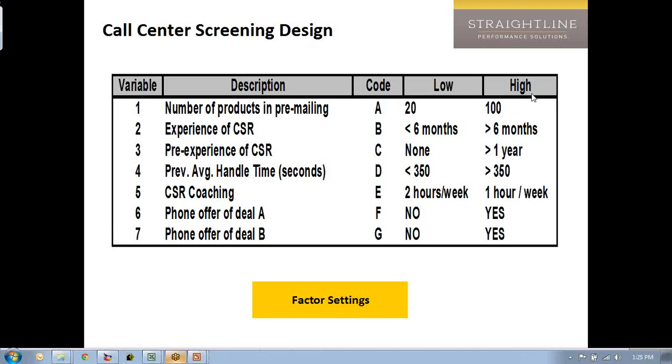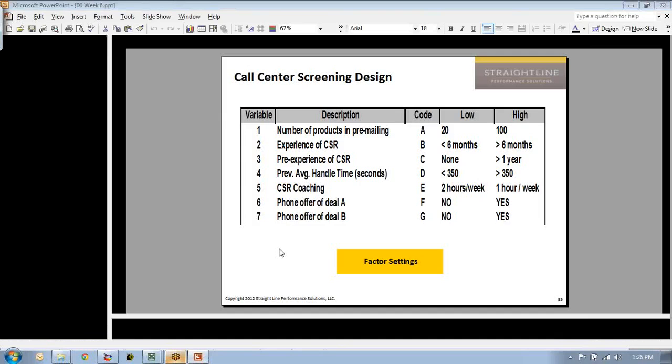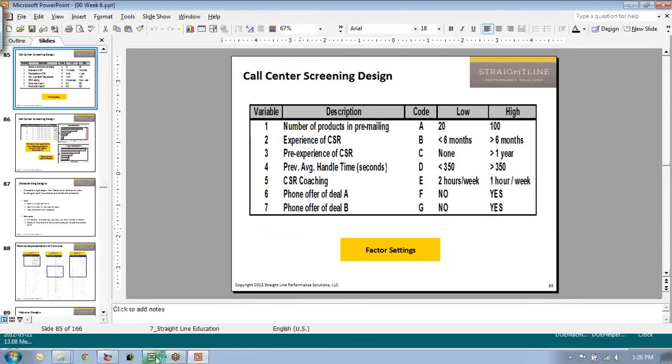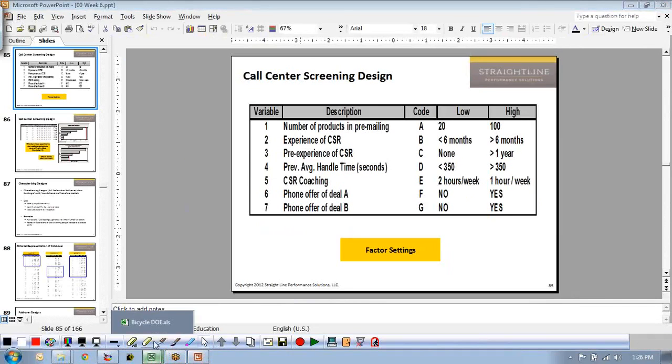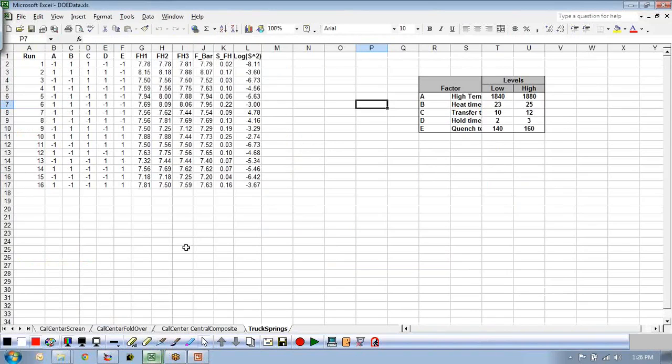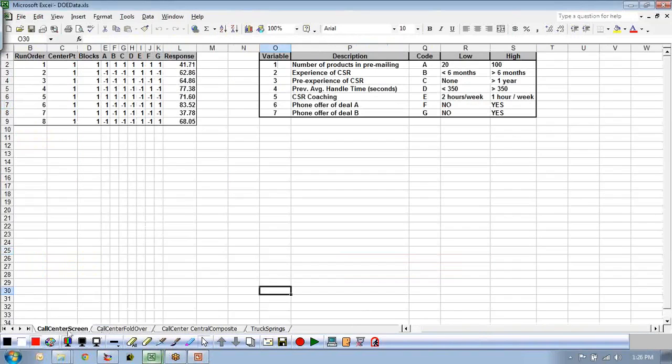And we might want to start out with that. So let's just take a look at what that would look like in Minitab. Okay, and if we generate that in Minitab, we'll get something that looks like this. I'll go ahead and do that.